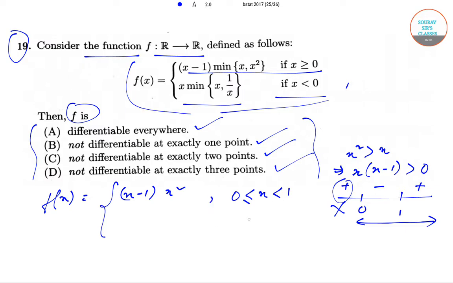This will be given by x minus 1 into x square. Now if x is greater than or equal to 1, this will be given by x minus 1 into the minimum value, which is x over here.